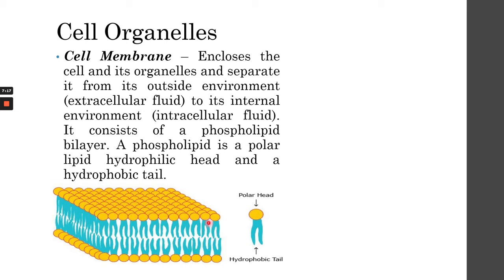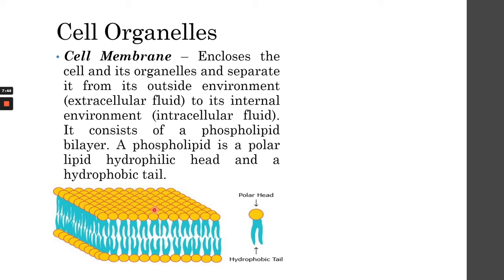Later on, when you go to college, you'll study more about this. There are a lot more functions of the cell membrane or plasma membrane. But today we'll keep it simple and think of the reason why the separation happens: it's because of the polar head and hydrophobic tail, the structure of the phospholipid.